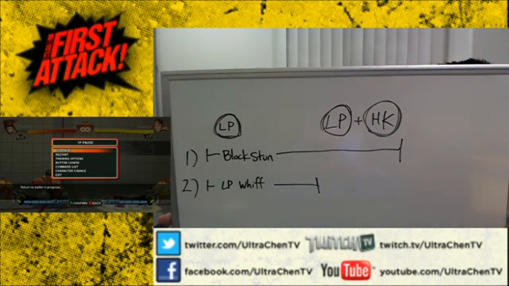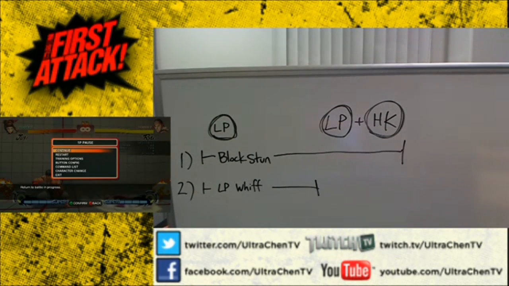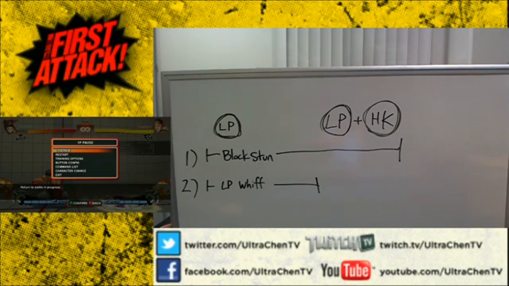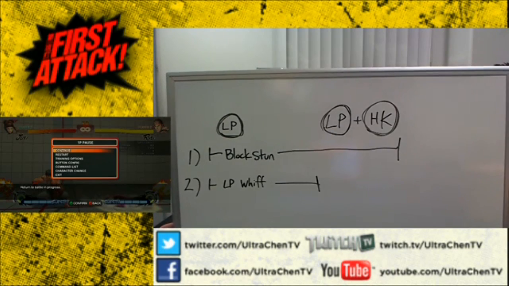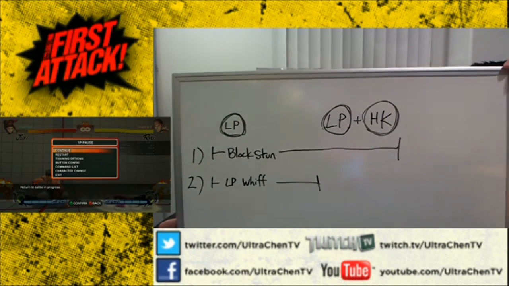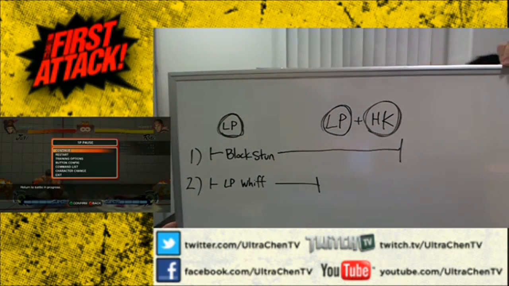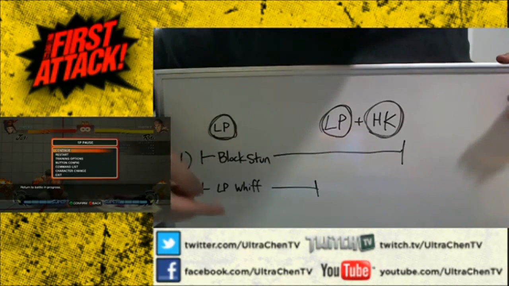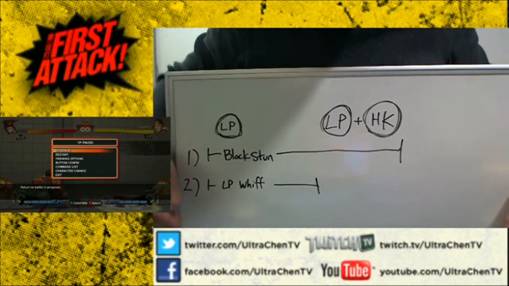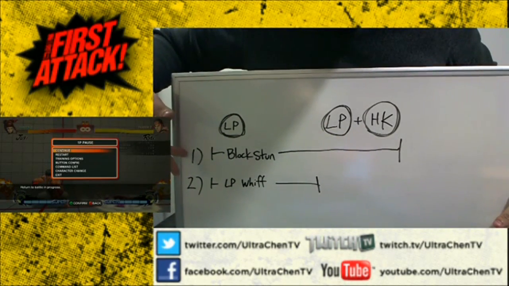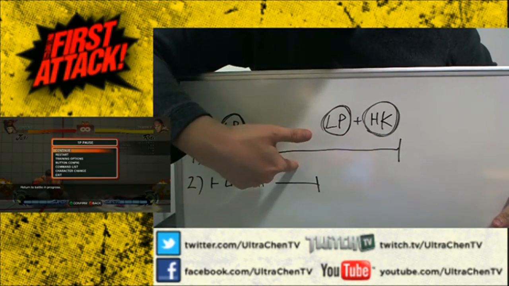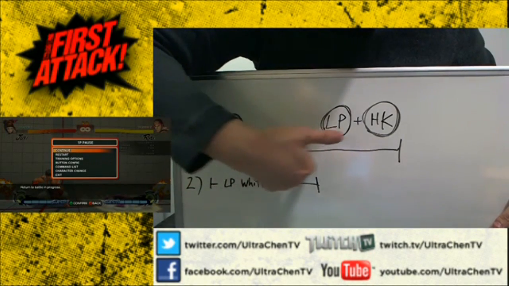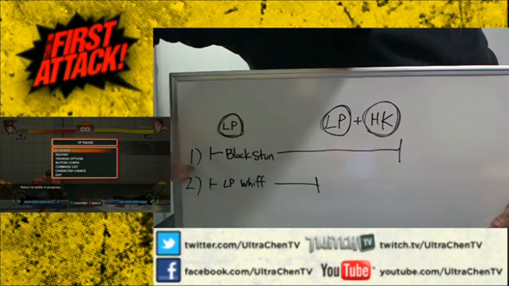In scenario 1, can you hear me now, though? Because now the whiteboard is in front of me. Okay. So the scenario that we have here is that in scenario 1, we have block stun. This is how long the low jab's block stun lasts, right?